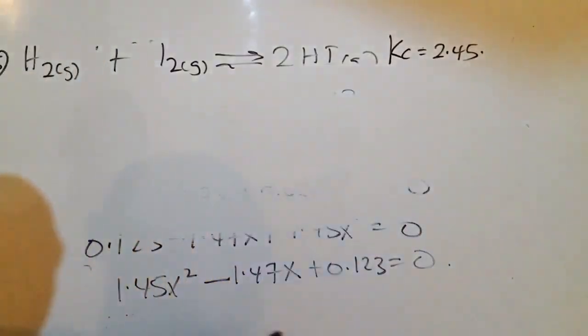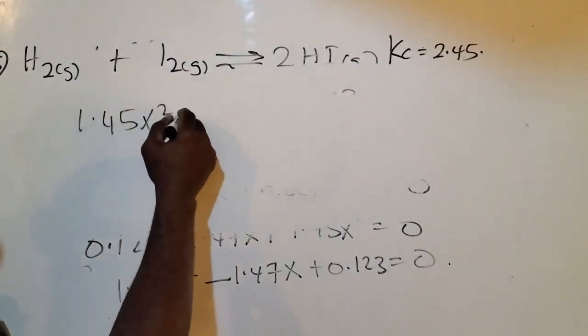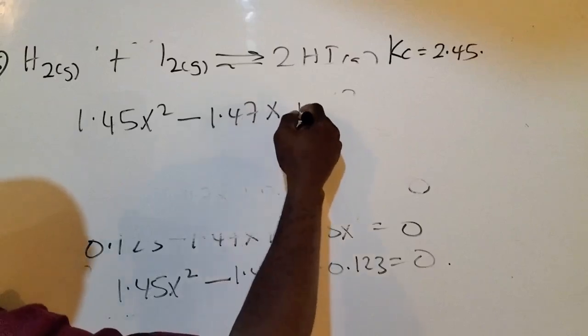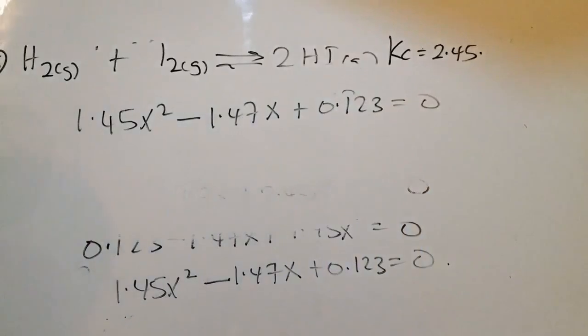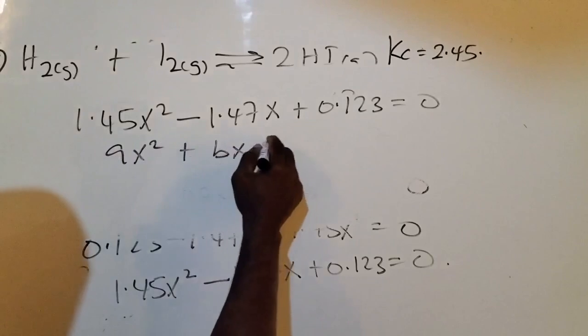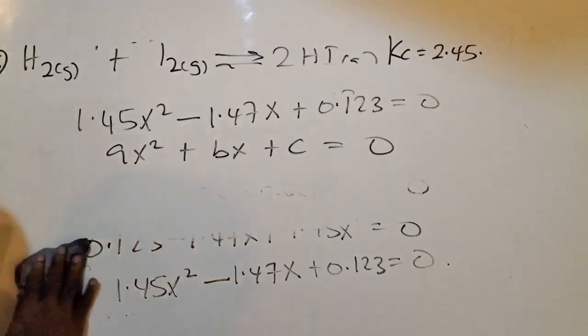We have 1.45s squared minus 1.47s plus 0.123 equal to 0. So this looks more like a quadratic equation of the nature as squared plus bs plus c equal to 0.